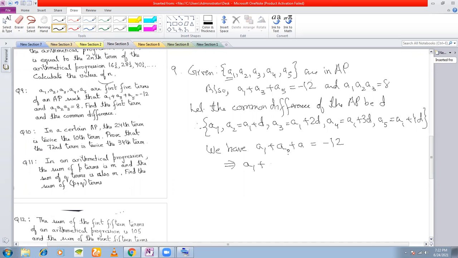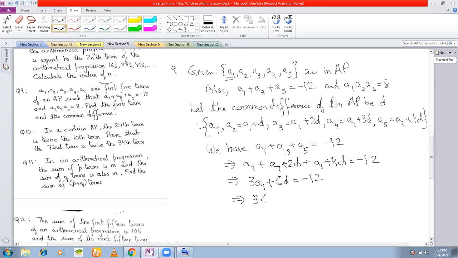So this is A1 plus A3 plus A5. This is A1 plus 2D and this is A1 plus 4D is equal to minus 12. So what are we getting here? A1 plus A1 plus A1, 3A1, right? And 2D plus 4D is 6D is equal to minus 12.